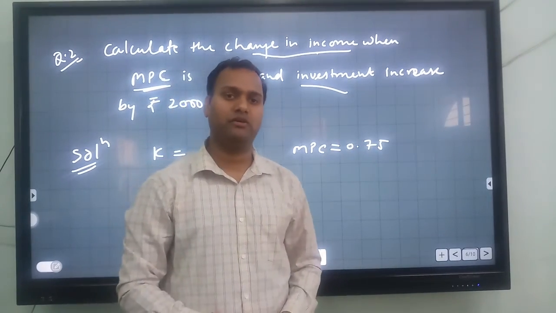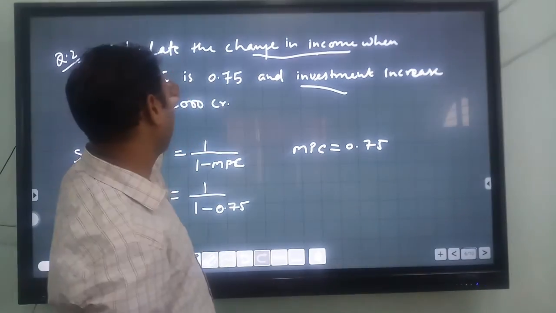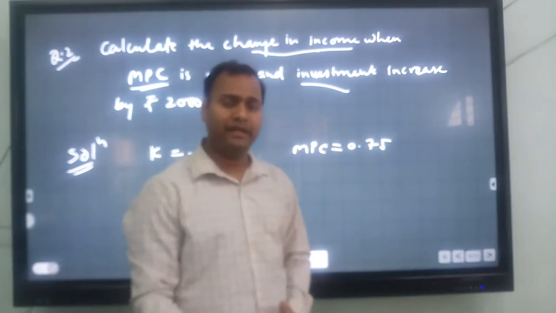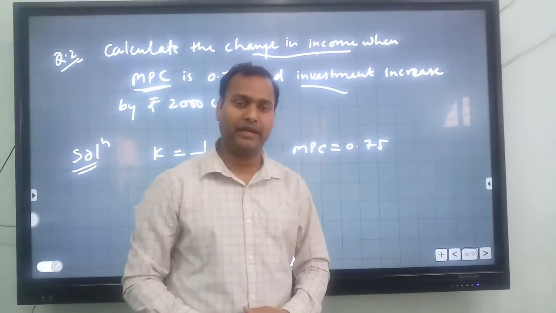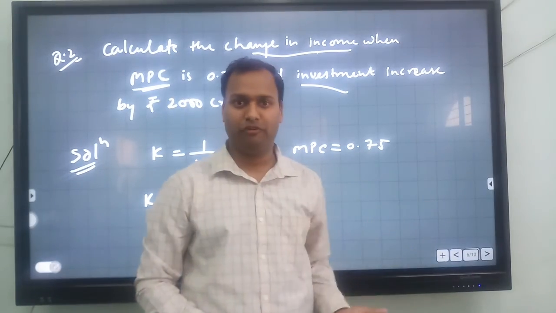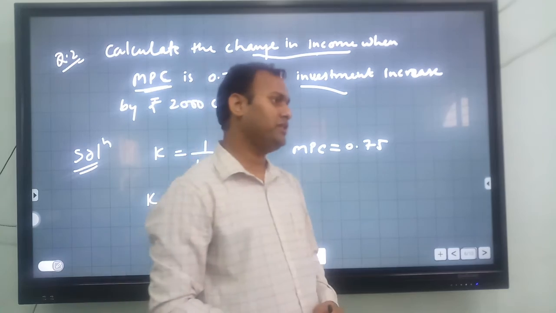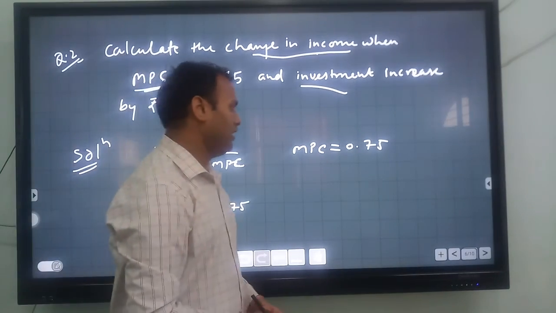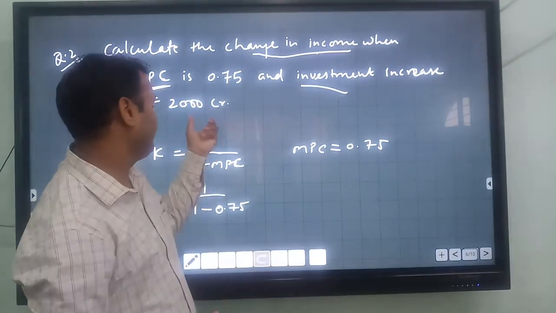So firstly we need to calculate the value of K. K and MPC are given, so using the formula we calculate the value of K. Then we apply the first formula, K is equal to delta Y upon delta I, and we are given delta I, and K we already calculated, that is 4 into 2000, that is 8000, which is the change in income.